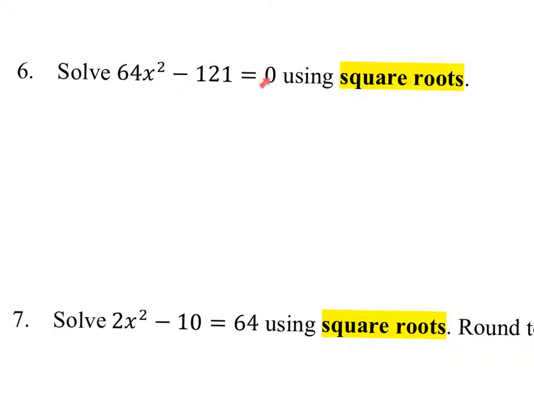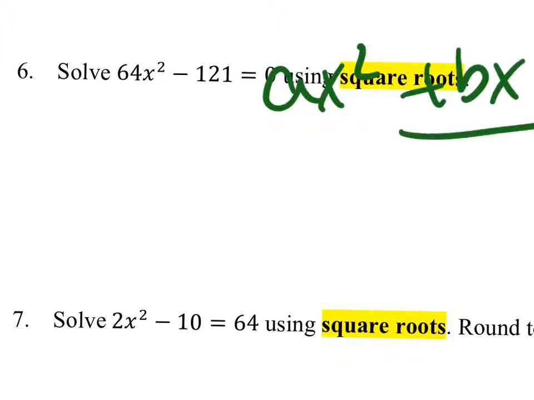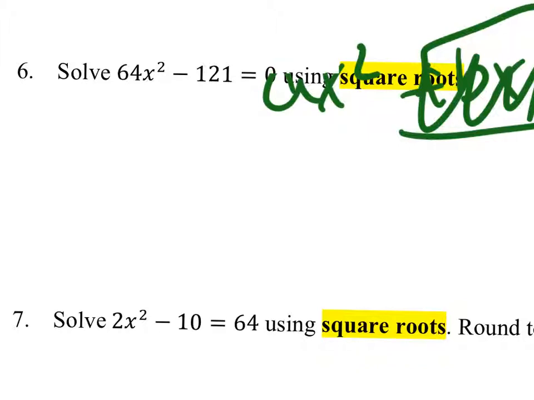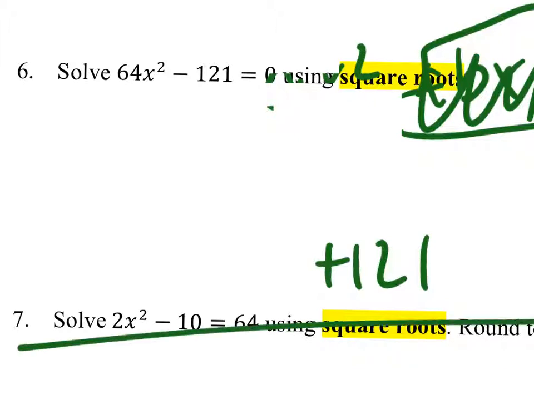Even though it's already set equal to 0, as it should be, in other words, when there's no bx, remember, ax squared plus bx plus c, when there's just an ax squared plus c, all you need to do is isolate the variable. You would get 64x squared is equal to 121.